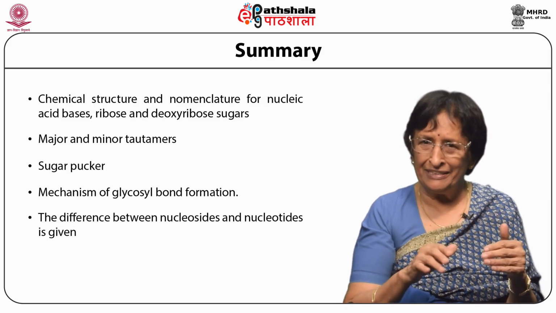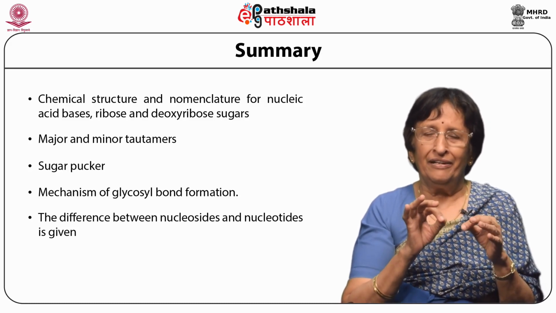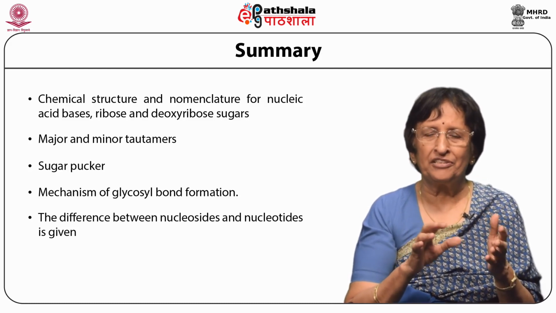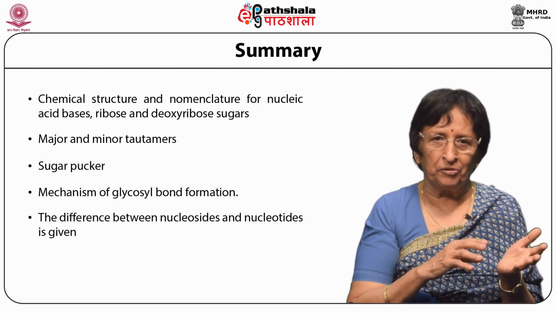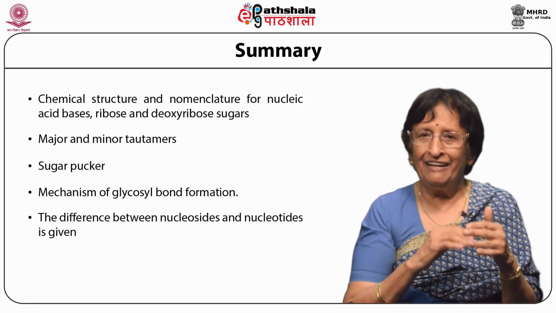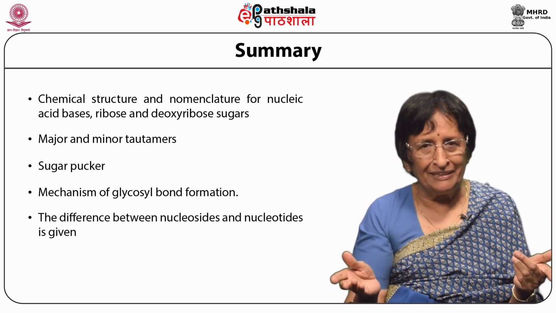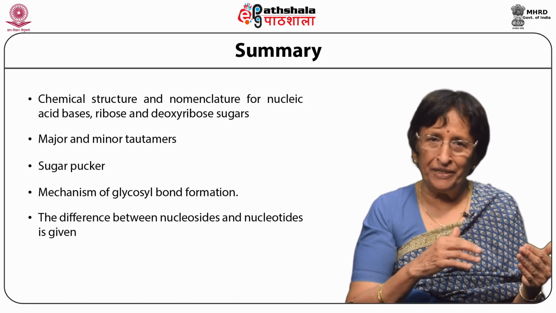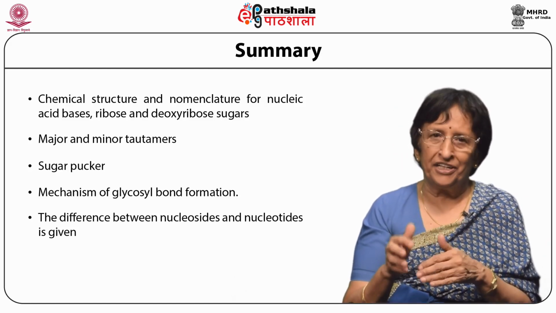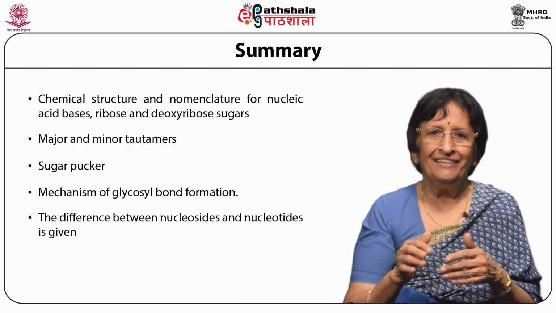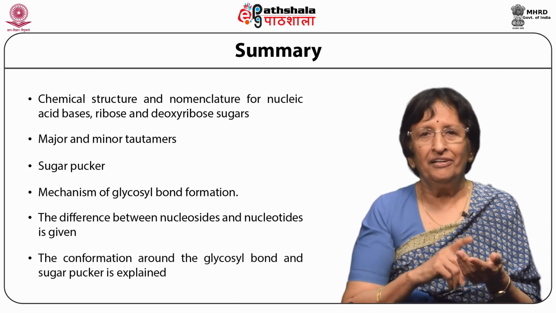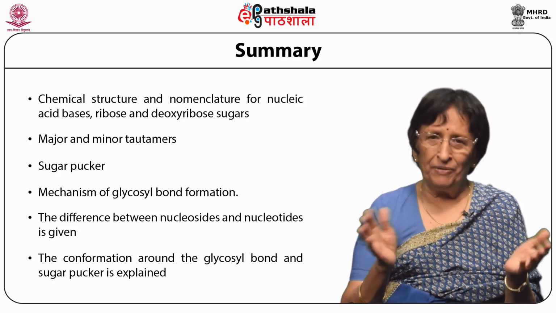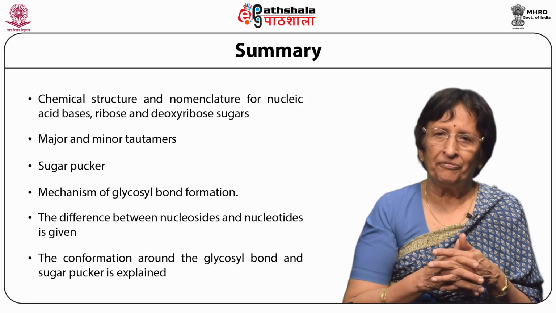So, nucleic acid bases are only aromatic nitrogen containing fused 5, 6 or 6-member rings with side groups, whereas nucleosides have a sugar group attached to the bases and nucleotides have a phosphate and sugar group attached to the nucleic acid bases. Then we saw conformation around the glycosyl bond and explained the nomenclatures for different sugar puckers.